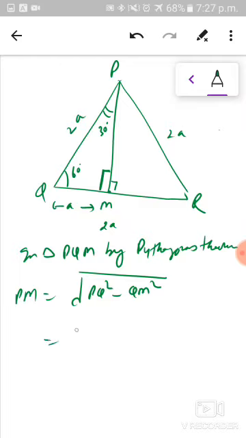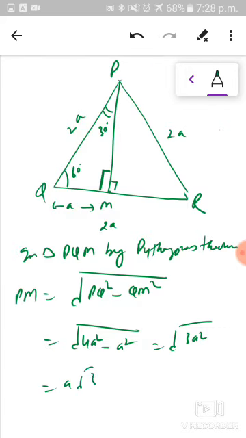PQ is 2a whole square is 4a square minus a square, that is 3a square. So we can write that as a root 3. So the value of PM is a root 3.